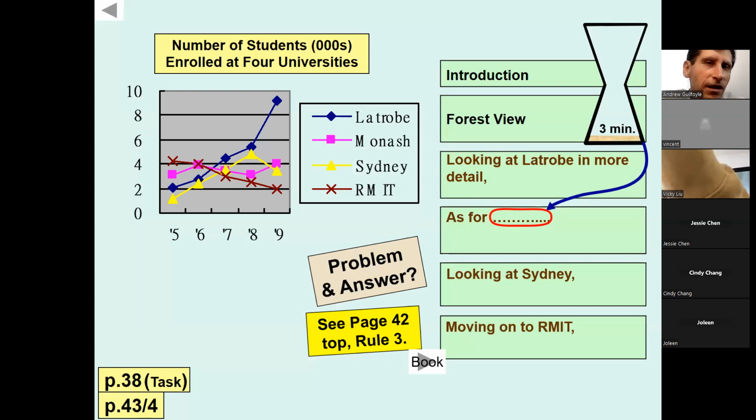You're not smart enough to work this out? Is that it? 3 minutes left. What do we do? Tick, tick, tick. Quick, quick, quick.